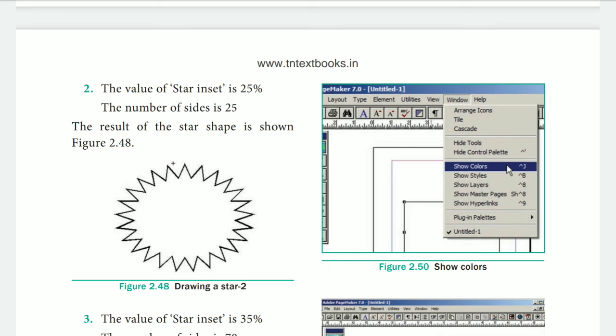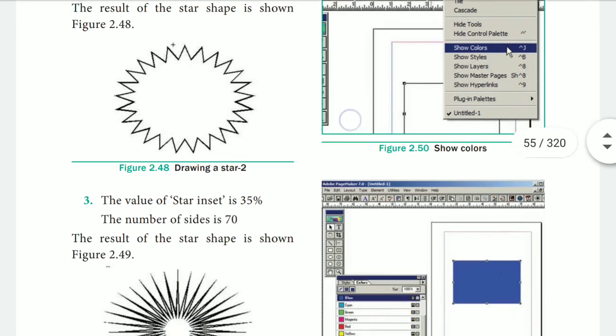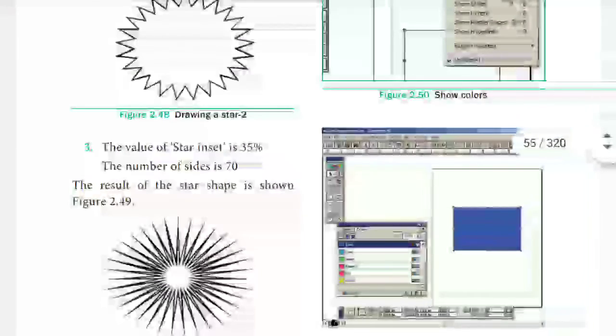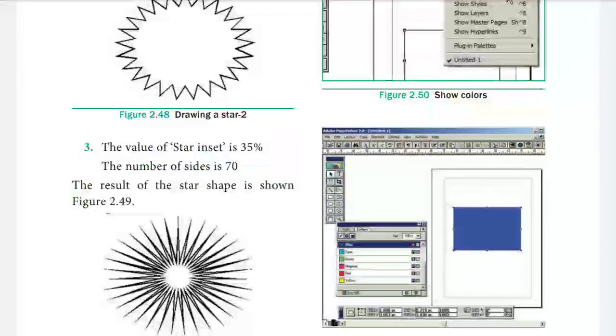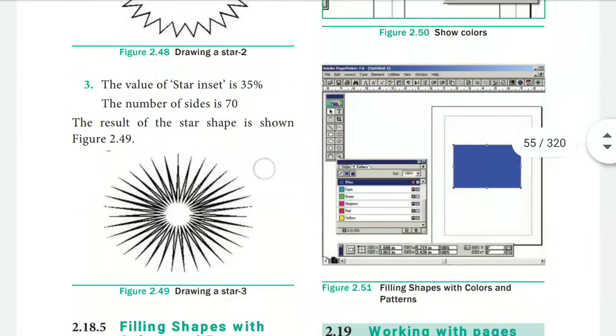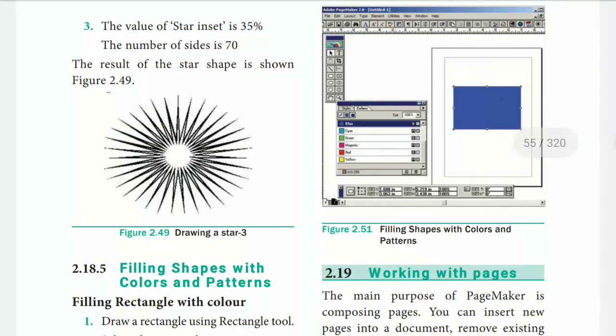It's obviously looking like a circle with pointing triangles. And here you can see that the number of sides is 70 and the star inset is 35%. So here you can see that this looks like a star. But you can see that the pointing is even narrower than the previous one.